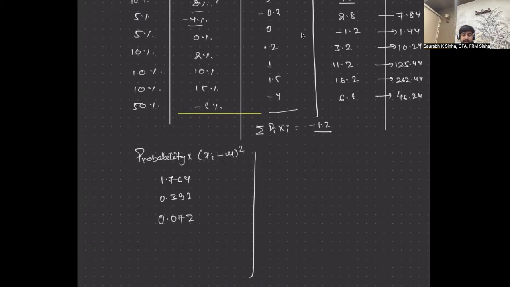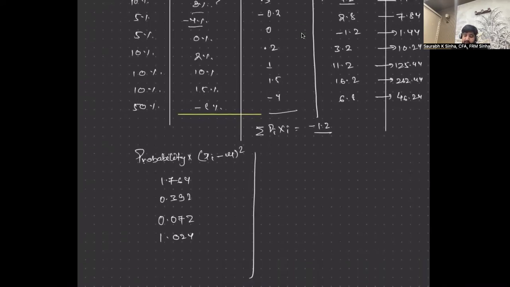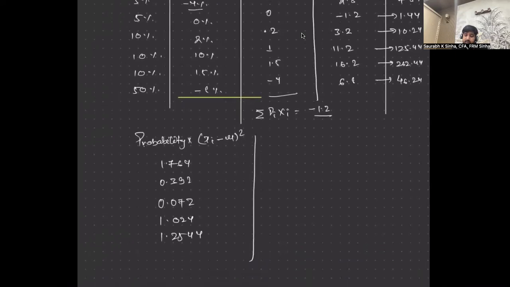Then you have 10.24 into 0.1, that is 1.024. Then you have 1.2544. Then you have 2.6244.